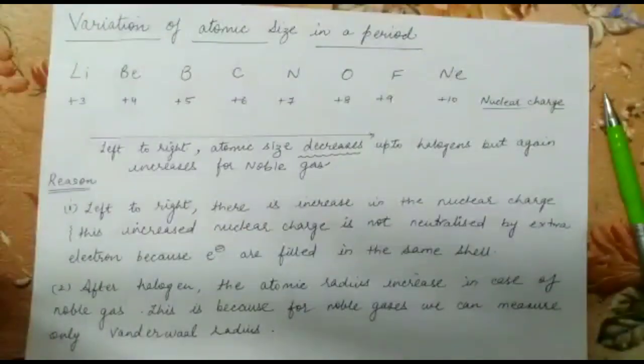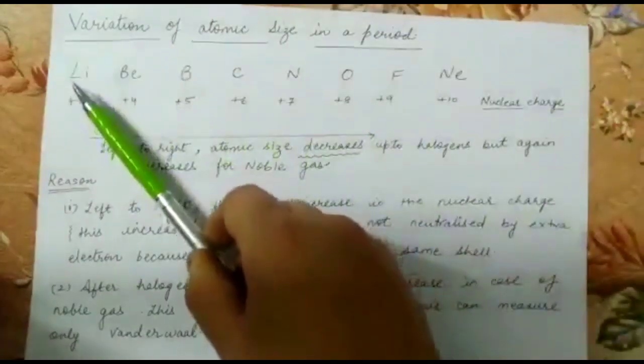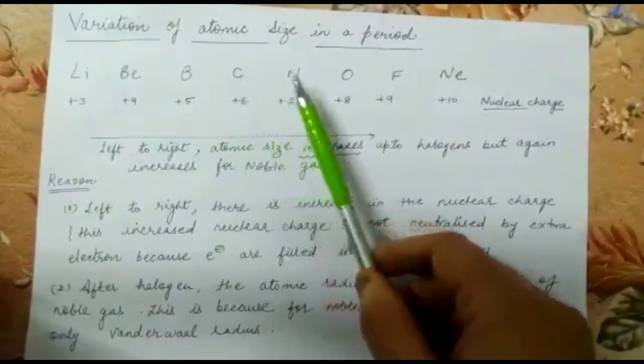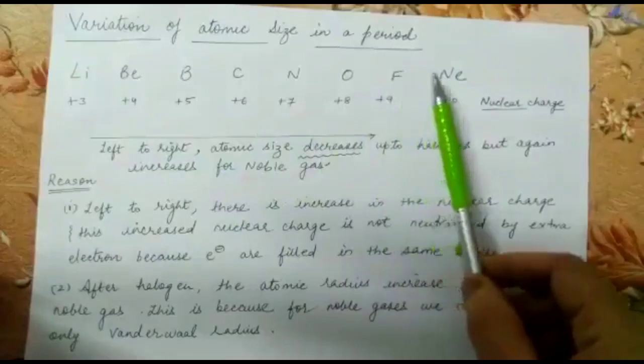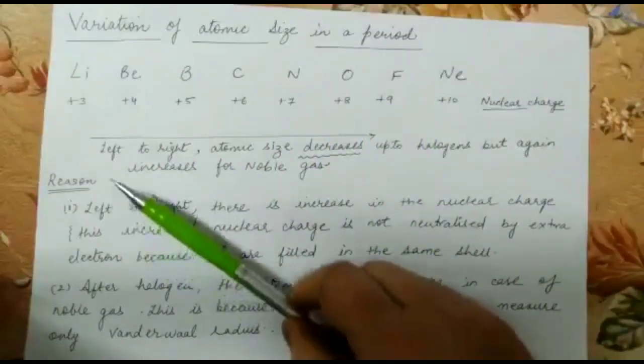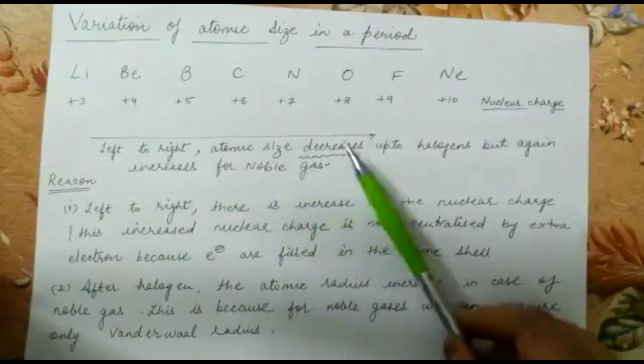Now we have to discuss variation of atomic size in the periodic table. First we are going to discuss the variation of atomic size in a period. Now this is my second period: lithium, beryllium, boron, carbon, nitrogen, oxygen, fluorine and neon. We have learned in 10th class that as we move from left to right in a period, the atomic size decreases.